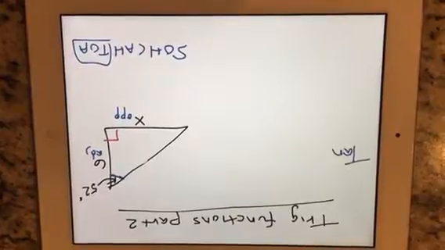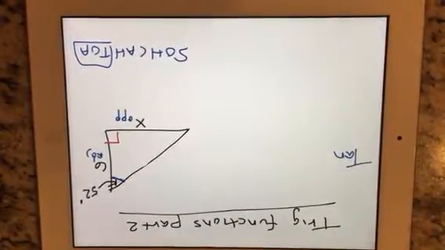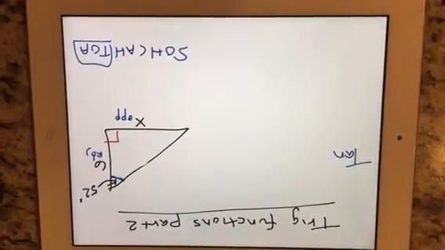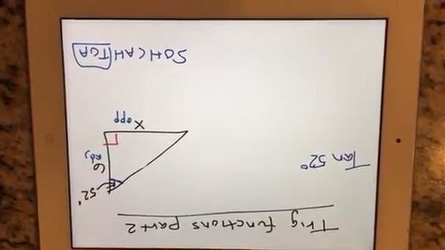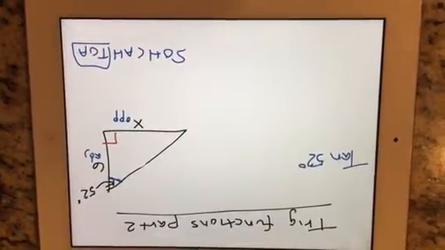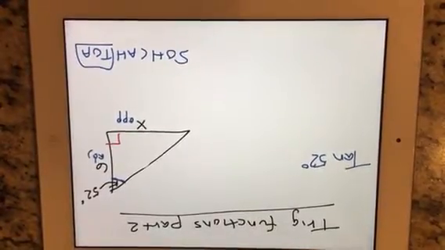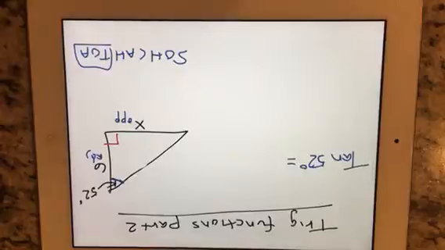So I'm going to write tangent, and this time we're not using theta or the label for the angle measurement. I actually know the angle measurement, so it's going to be tangent of 52 degrees. And tangent of 52 degrees is actually going to give you a number. It's going to be the equivalent of what the ratio would be. So we are going to set that equal to the ratio.